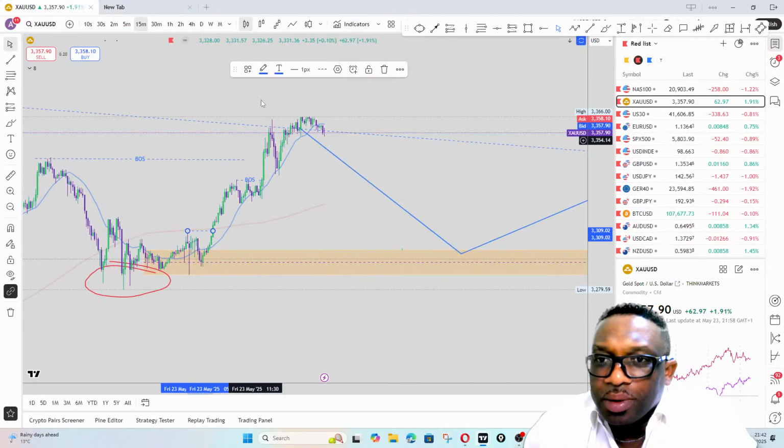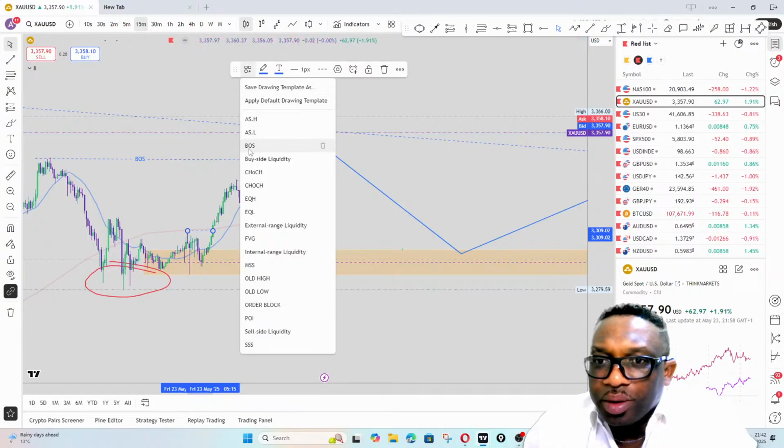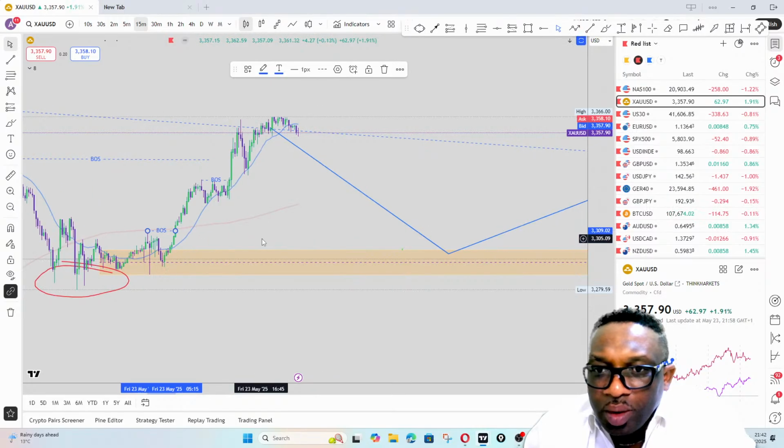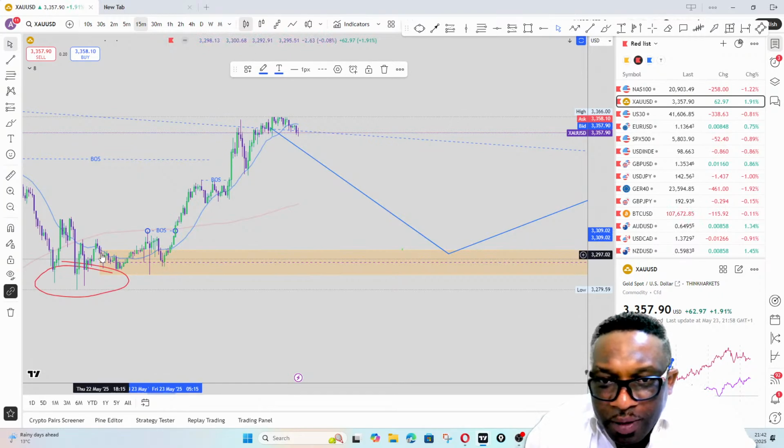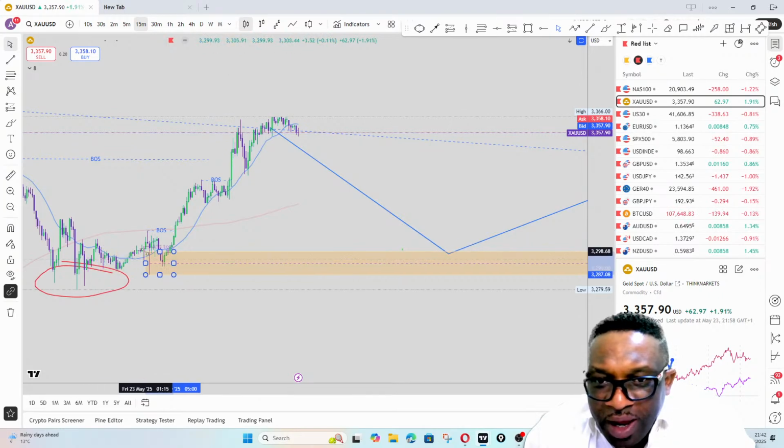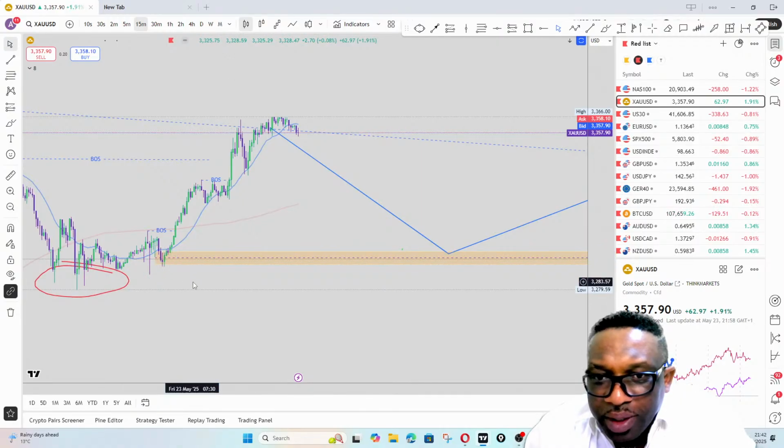We have this one and another break of structure. So the origin of this break here was this one, where we can refine our area, our target area.